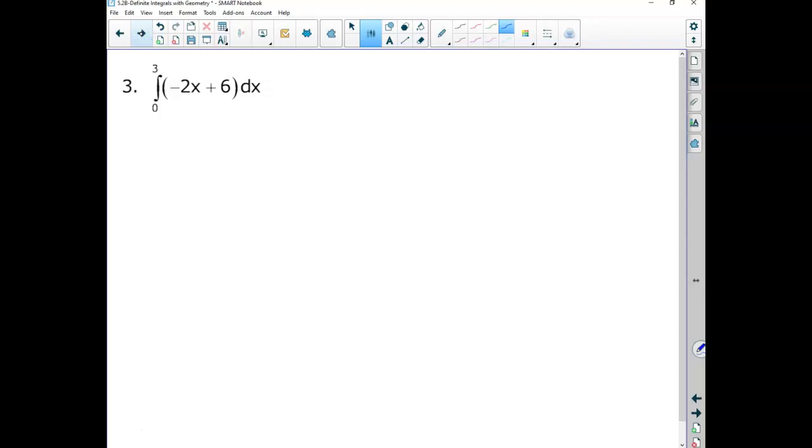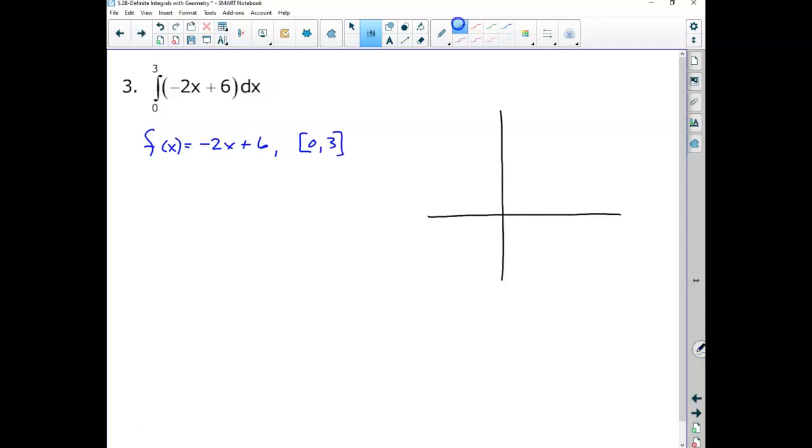Number 3, you're just stepping up a little bit. What's my function? f of x equals negative 2x plus 6, on the interval from 0 to 3. What we're going to do is make a quick little graph of this. Everybody knows how to graph that. I know I have a y-intercept of 6 up here, and I have a negative slope of 2 coming down.